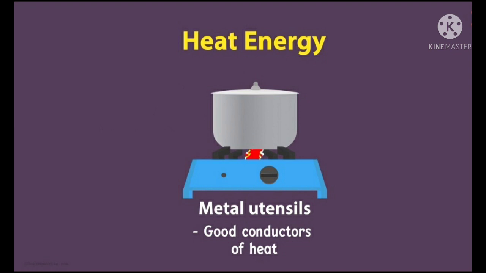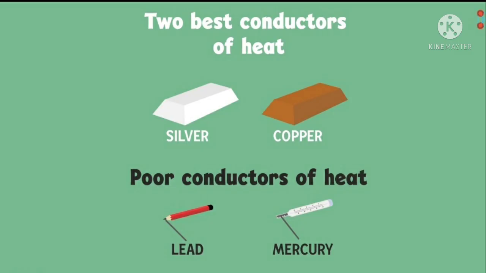Another important property is conductivity. Metal utensils are used for cooking. Why do you think they are used for this purpose? We need heat energy for cooking. Therefore, metals are good conductors of heat. Most metals are good conductors of heat.